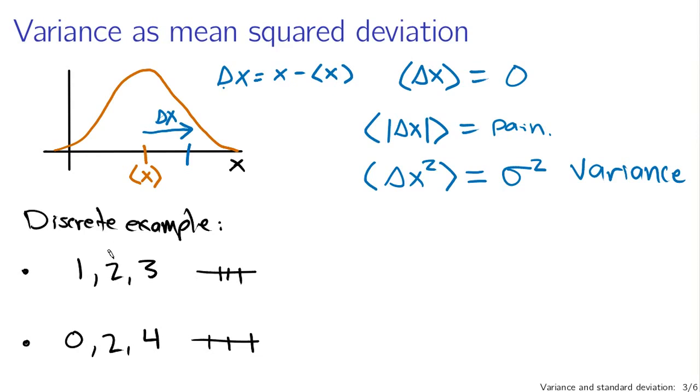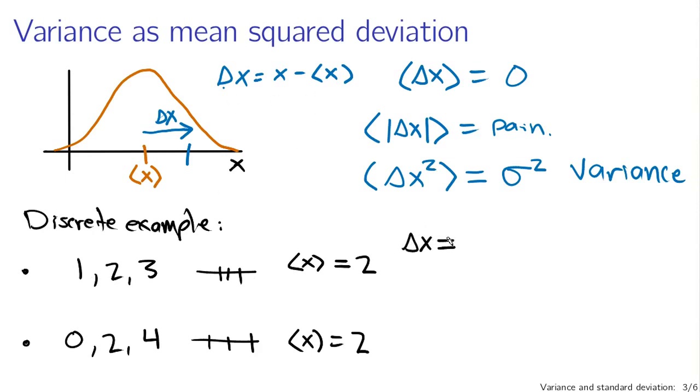You can calculate this out by calculating the mean squared deviation. So first of all, we need to know the mean. The expected value of x is 2 in this case, and also in this case. Knowing the expected value of x, you can calculate the deviations.